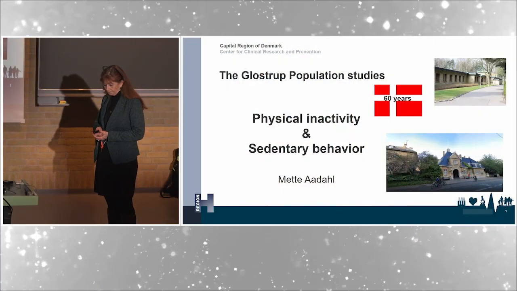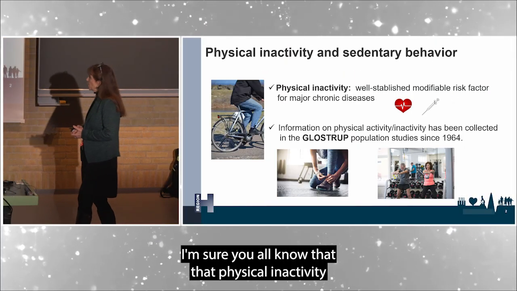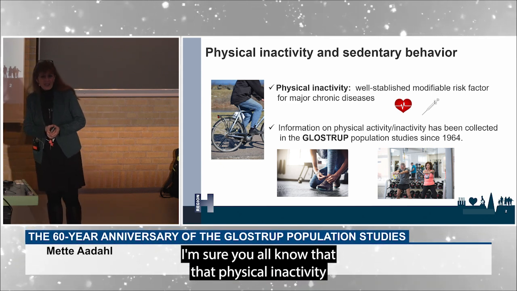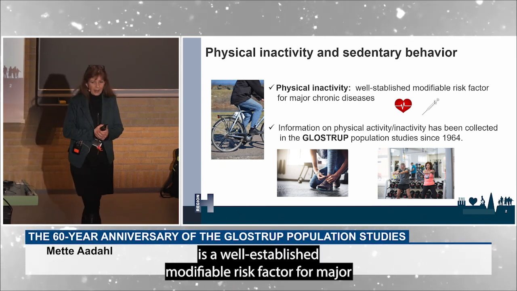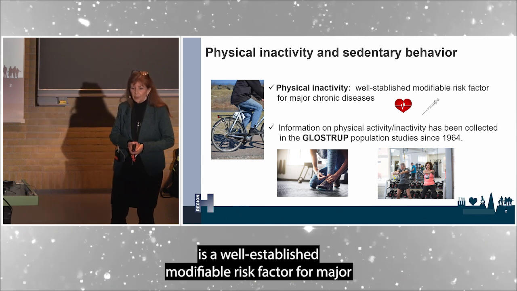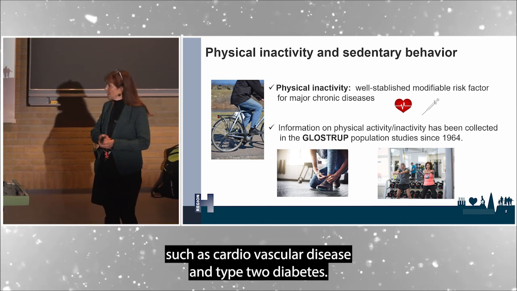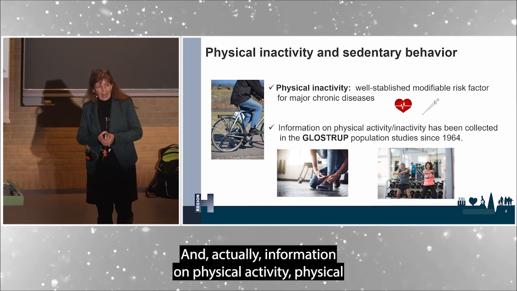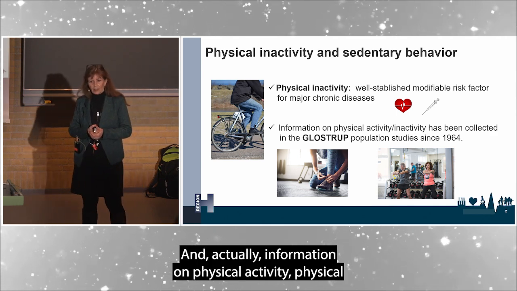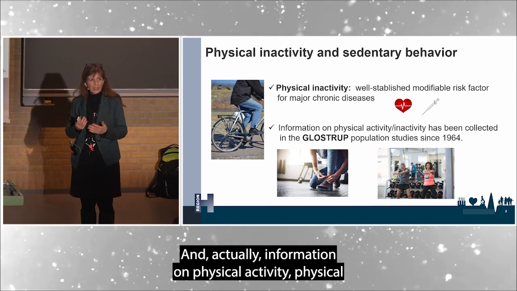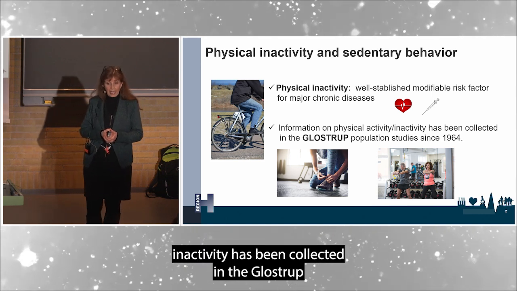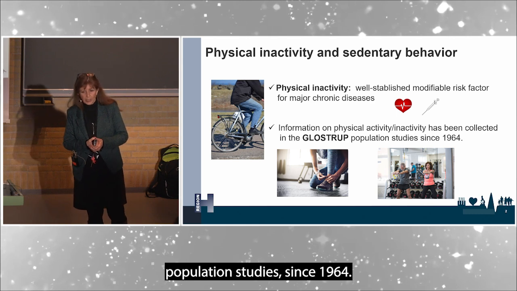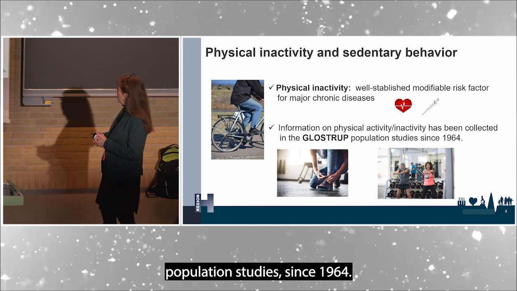I'm sure you all know that physical inactivity is a well-established modifiable risk factor for major chronic diseases such as cardiovascular disease and type 2 diabetes. And actually, information on physical activity, physical inactivity has been collected in the Glostrup population studies since 1964.